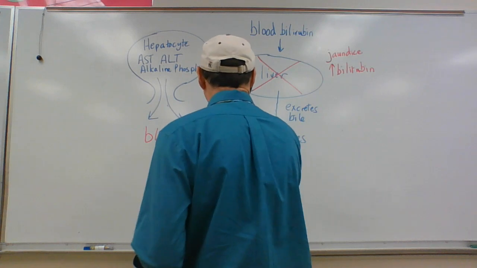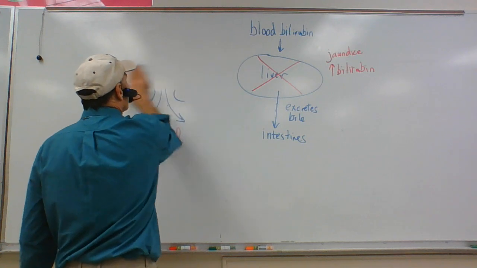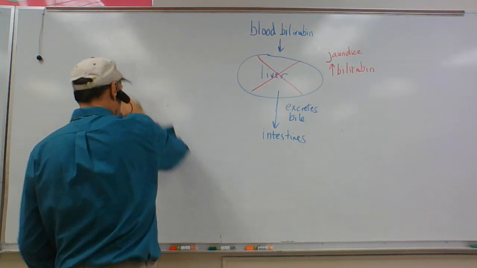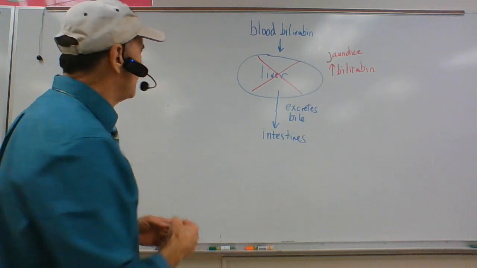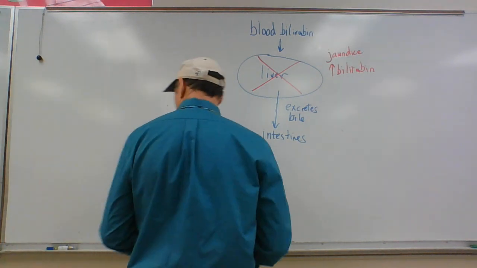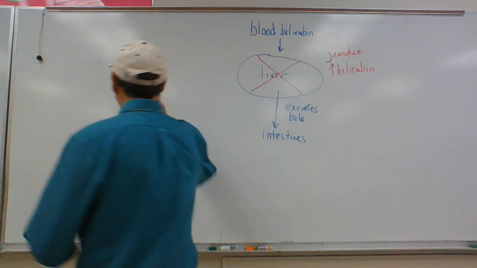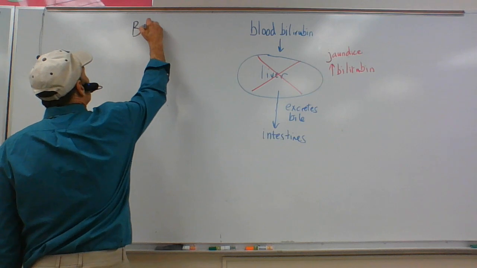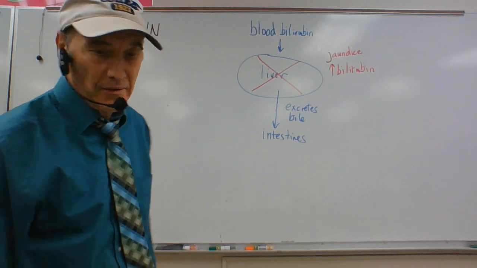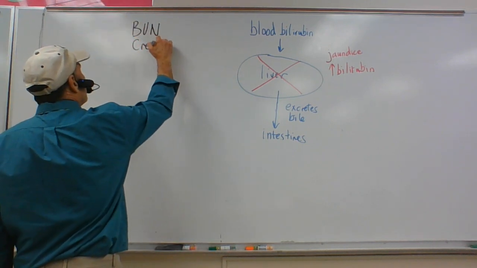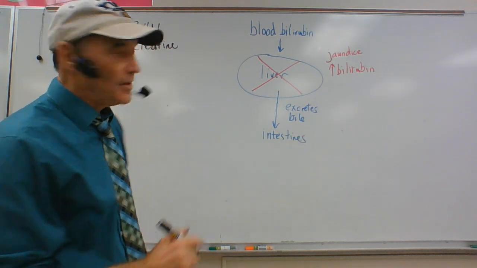Let's say that the kidney. Let's see, draw a picture of the kidney. The kidney takes these materials out of the same thing here. Let's see. I need a different color pen. And the kidney takes these things out of the blood: blood urea nitrogen, creatinine, which comes from muscle metabolism, the kidney really excretes it, and uric acid.